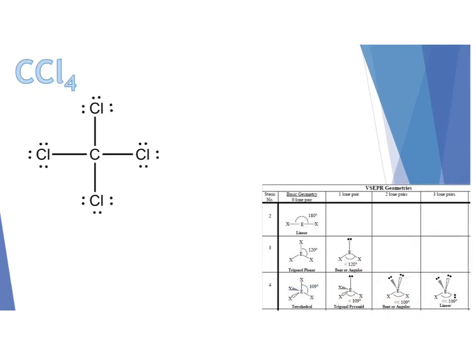Our final example is carbon tetrachloride. So again, around the carbon, you have 1, 2, 3, 4 things bonded around it. So you go down to steric number 4 and over to this area because it is one central atom with 4 things bonded. So the shape of this is tetrahedral.